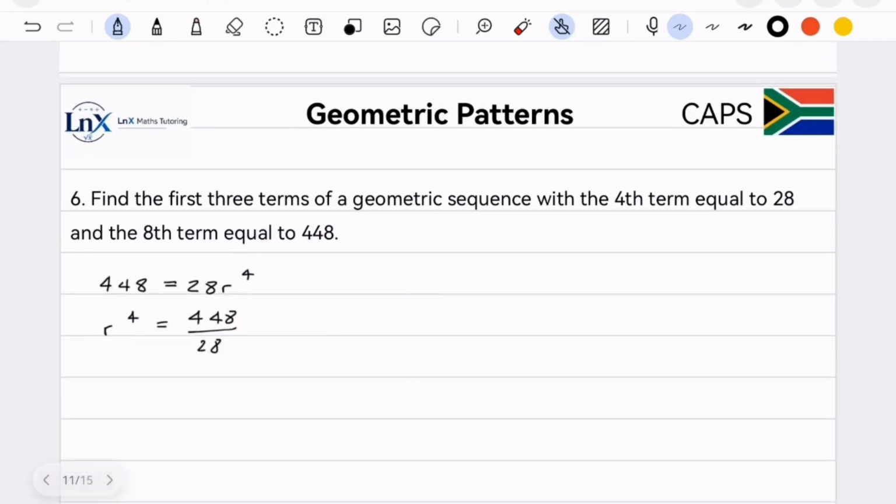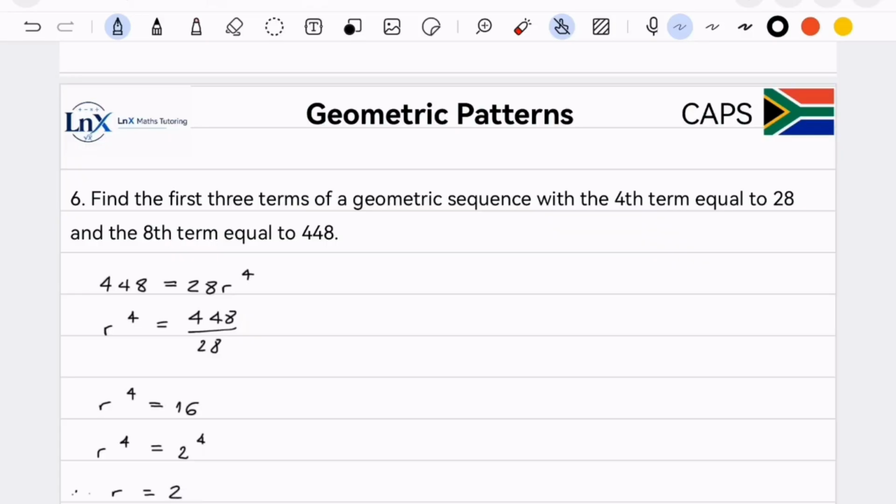So this is going to give us 16, right? So we know that R to the power of 4 is the same as 2 to the power of 4. So our exponents are the same, therefore our base is actually 2. So R equals 2, right?